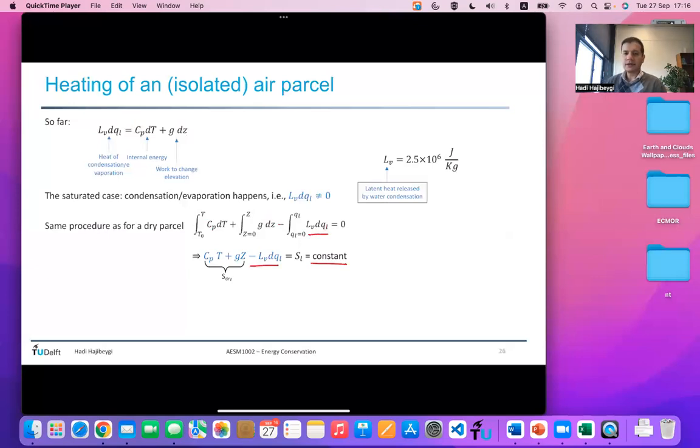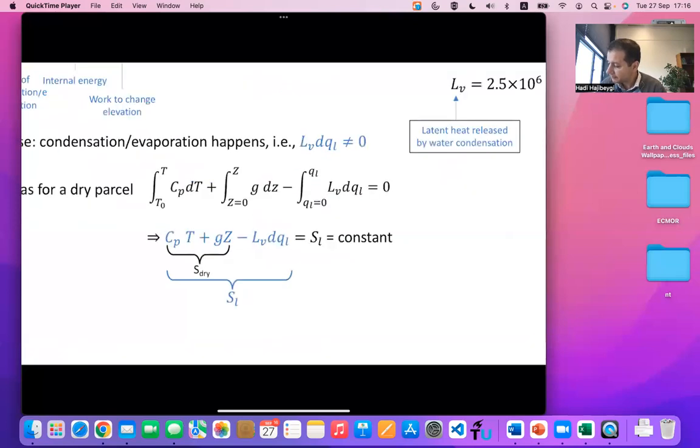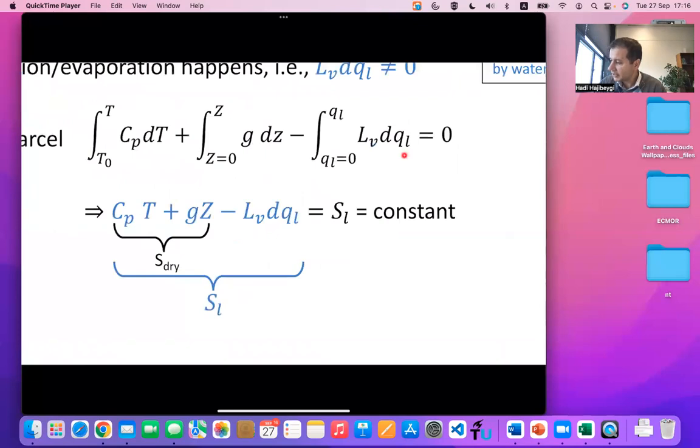And that is all constant, the constant of integration, right? And that constant is called the SL, okay? So that's the process. This whole thing now is constant when we have the condensation or evaporation taking place.